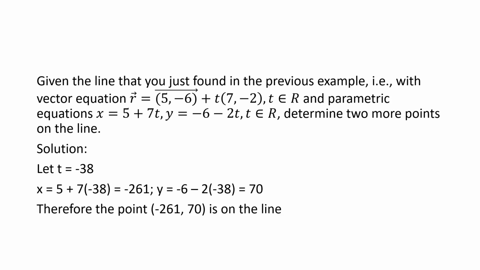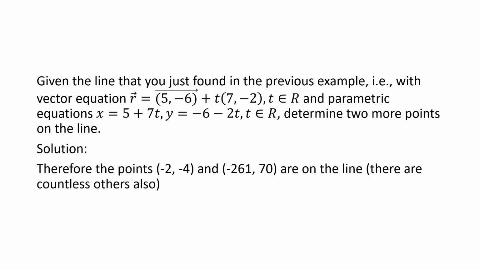And if we do that, then x will be 5 plus 7 times negative 38, which is negative 261. y would be negative 6 minus 2 times negative 38, which is positive 70. And so that's a point on the line. Okay? So those are 2 points on the line, and obviously there are countless others because it's a line.